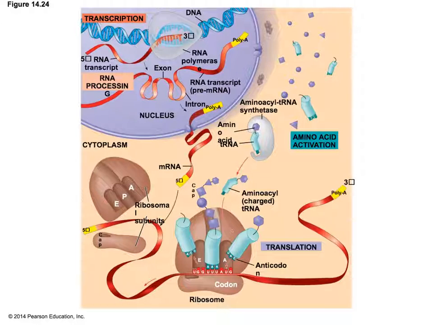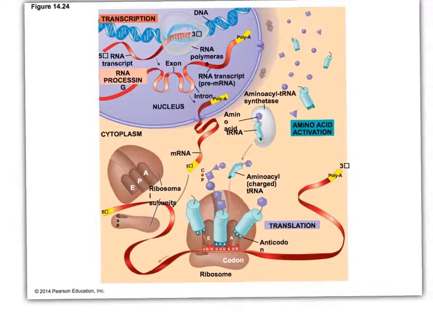Okay, so here's your overall process of transcription and translation. We have transcription, production of a primary transcript that is not necessarily ready for translation. You have RNA editing or processing that has to occur. That includes alternative splicing, so splicing, adding of the 5' methyl cap and poly-A tail.